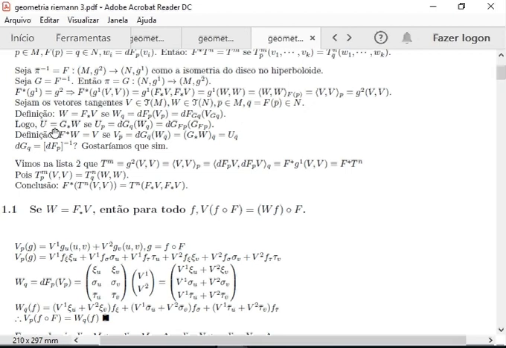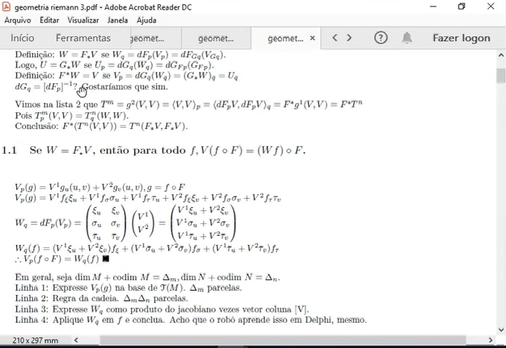Therefore, U is the pushforward of W if U_P is equal to dG_Q W_Q, equal to dG dF_P. Another definition: the pullback of F onto W is equal to V if V_P is equal to dG_Q W_Q, equals the pushforward of G_W at point Q, which is equal to U_Q, where dG_Q is equal to dF_P inverted.